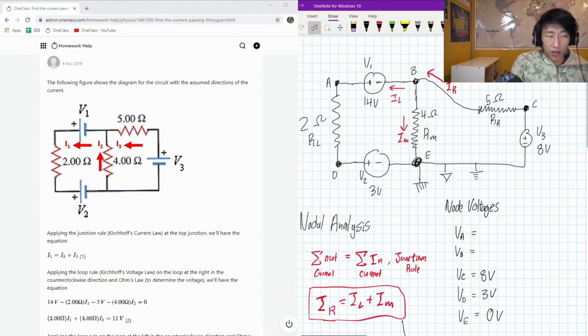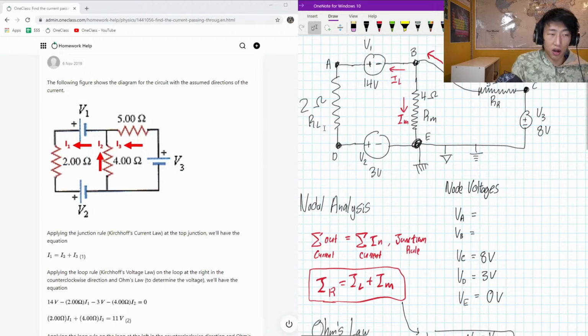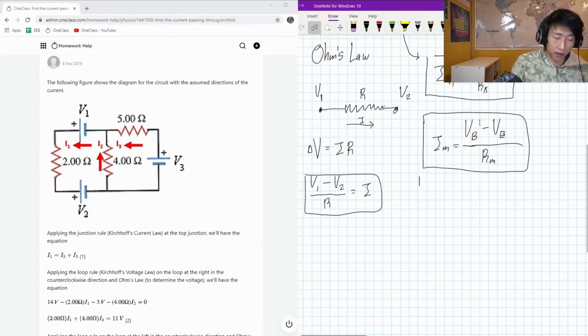And our last one, we can't look at this voltage source directly, but we know that everywhere in this left-hand side loop is going to be IL. So we can just use this resistor right here, and VA minus VD, where we're heading, divided by RL is going to be IL.